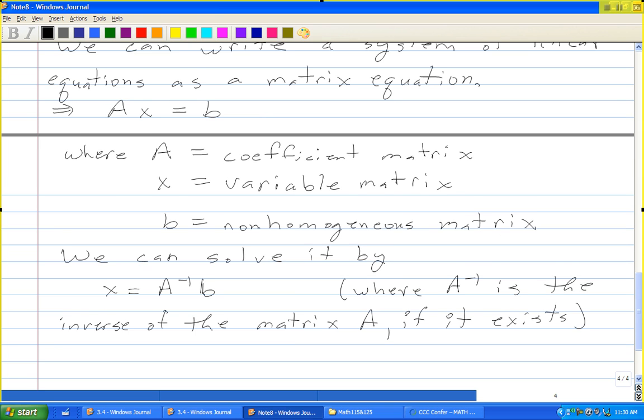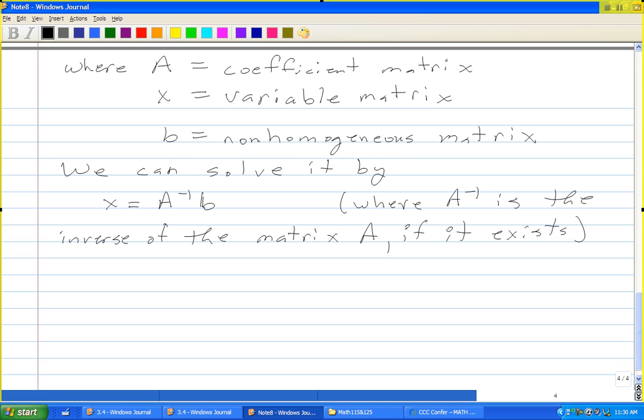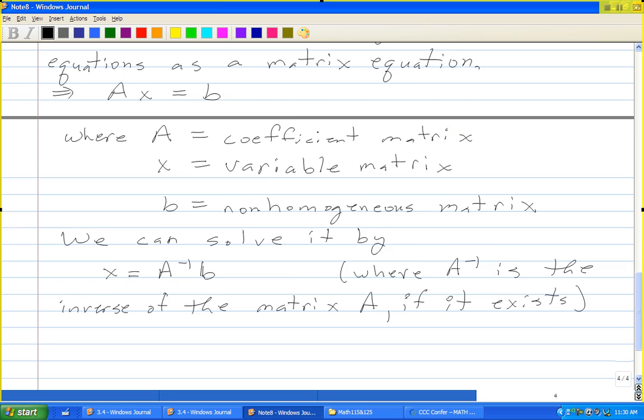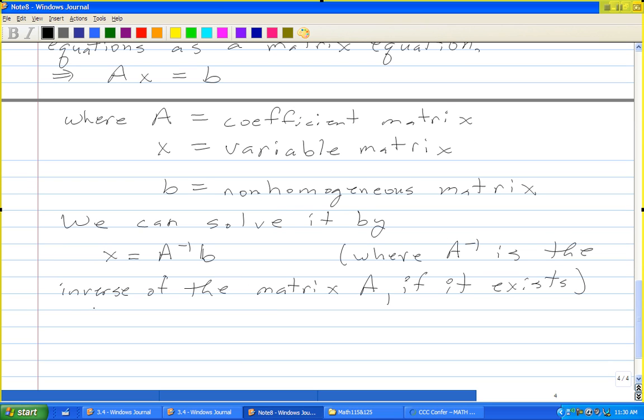Or we could write, so somehow we can denote the system also as the augmented matrix.